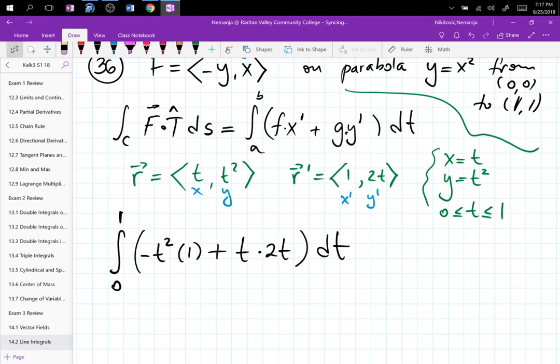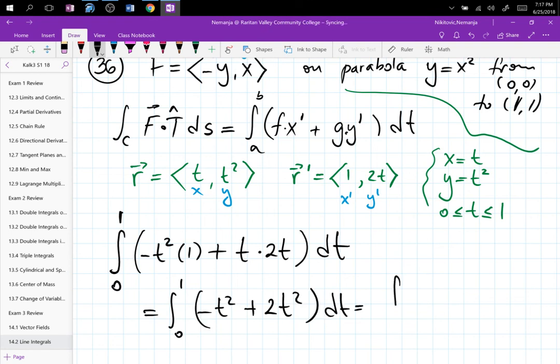Yay, we're done. Now it's algebra. Well, calculus. Negative t squared plus 2t squared dt is going to be the integral of t squared dt, which is t cubed over 3 from 0 to 1, which is 1/3. And there it is, 1/3.